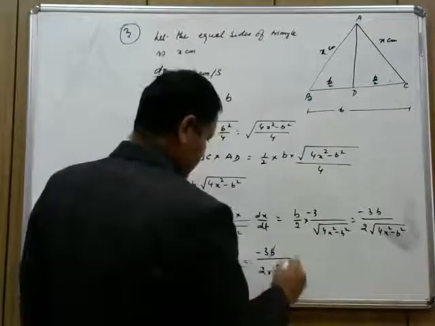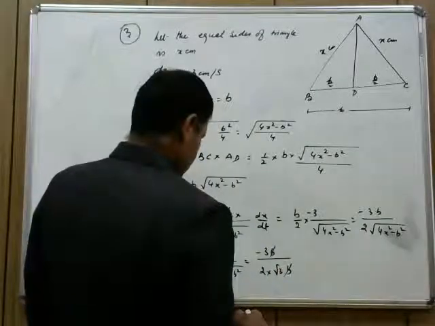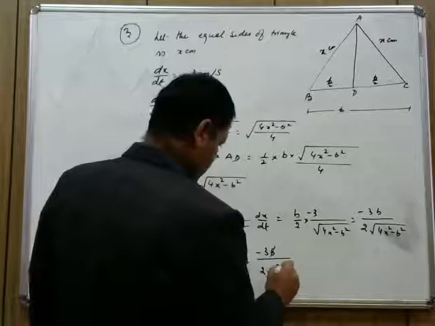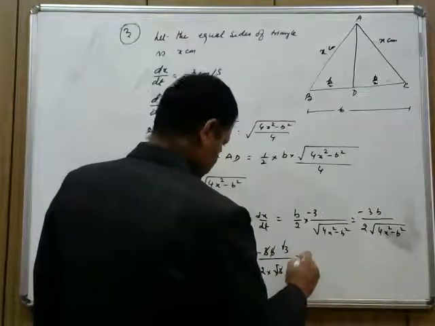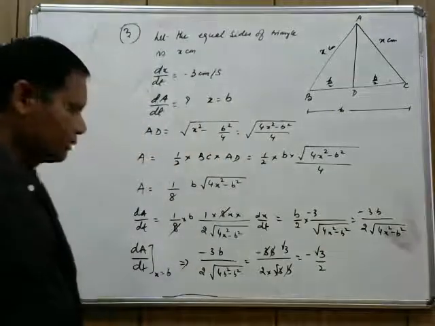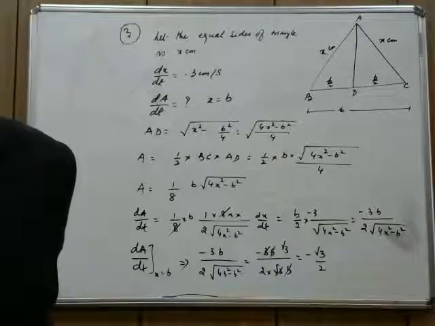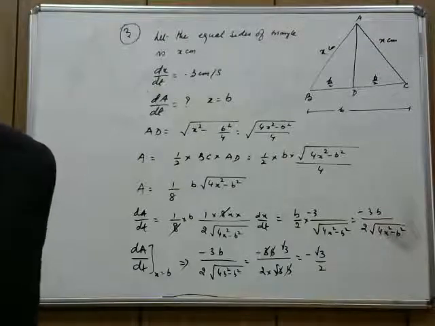So now b and b cancel. Root 3 and root 3 cancel. That is now minus root 3 by 2. But I am getting the answer root 3b.